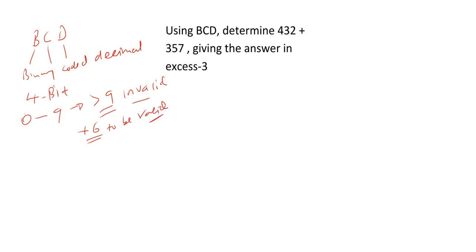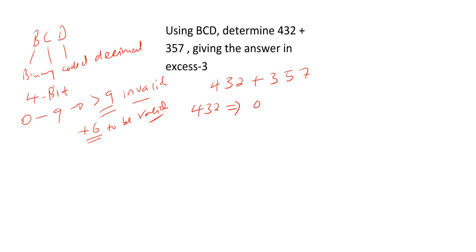So that was just an introduction about BCD. Let's look at our question. We are told to add 432 and 357. The first thing is to convert these two to BCD. So 432 to BCD is, every digit we write it in 4 bits.